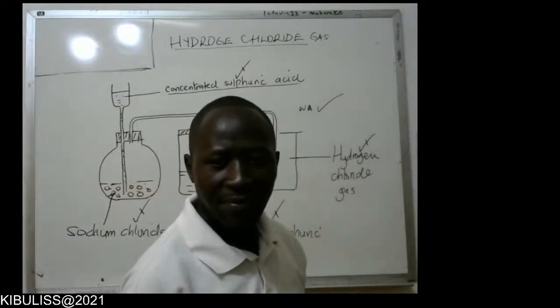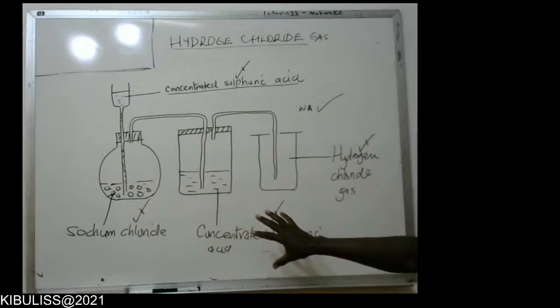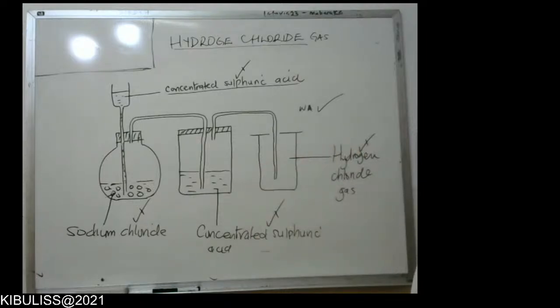Now if you look at this diagram, what type of question do you think it is answering? The diagram, the way it has been drawn and has been labeled, what do you think is the question?